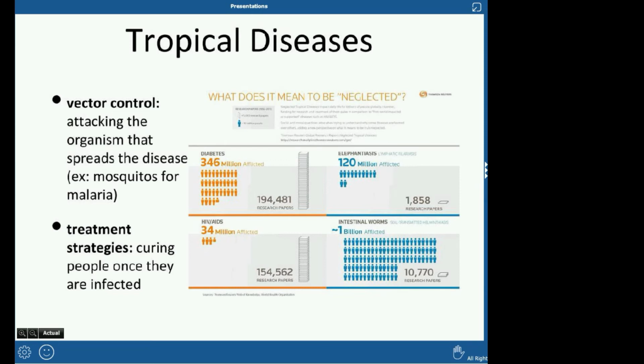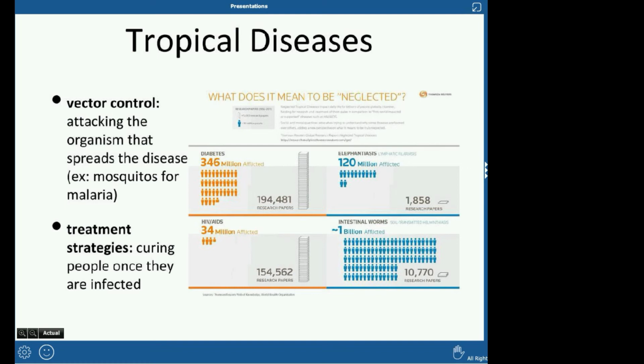Controlling the vector is better than treating the disease because you get it before the people get sick, right? You're preemptively trying to keep people from getting sick. For example, putting on bug spray is going to preemptively protect you from malaria, because maybe the mosquitoes won't bite.